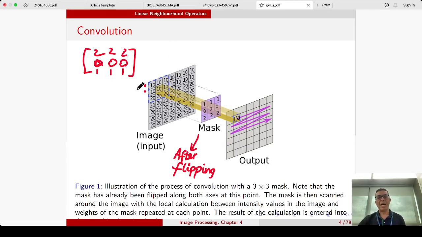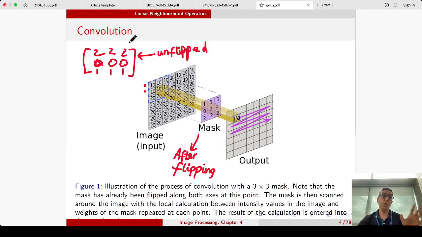After doing the flip, this is the unflipped mask, before we flip it.